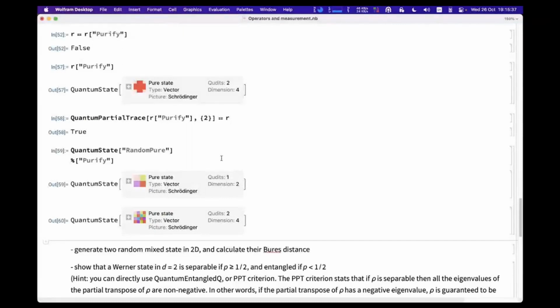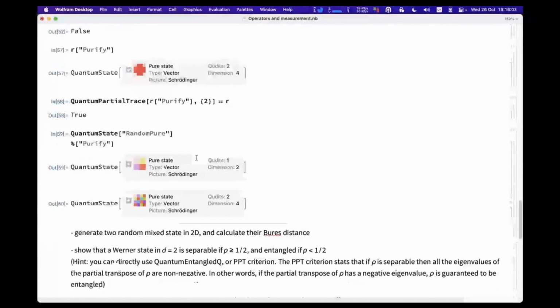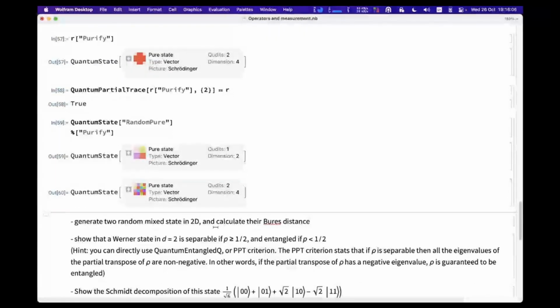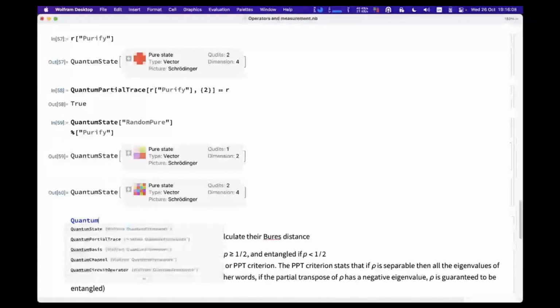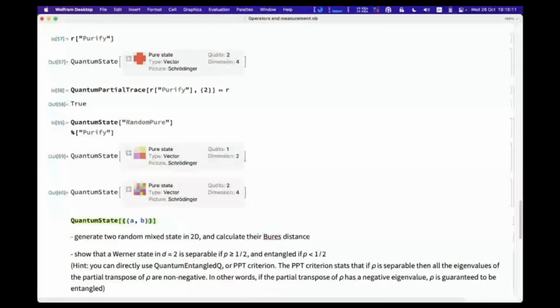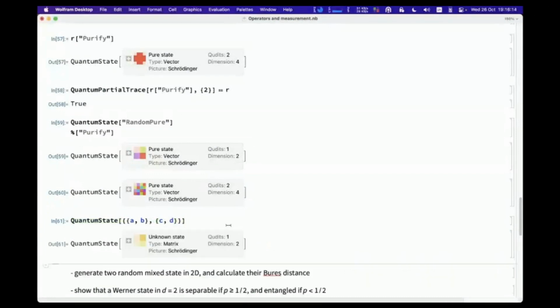Remember, when you purify, when you go to a higher dimension, the amplitudes are basically the square root of the amplitudes that we have in the mixed state. Therefore, there are some cases where people are interested to go into a higher dimension without changing the elements of your density matrix. So one more time, for example, let's create a symbolic mixed state, let's call it A, B, C, D. And let's purify that.